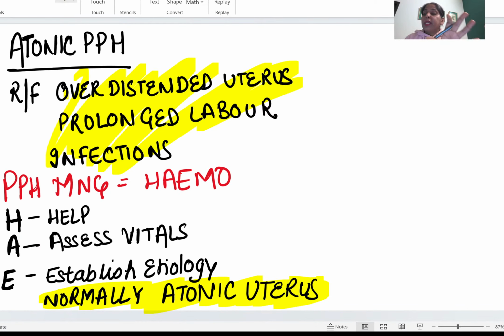If the uterus is over distended, can you write down in the chat box, when is a uterus over distended? When is the uterus over distended? Can you write down in the chat box?